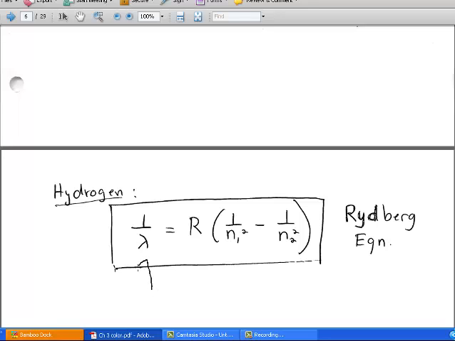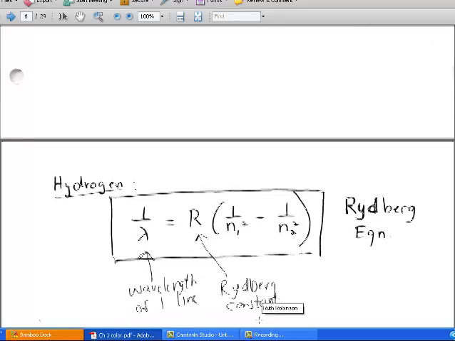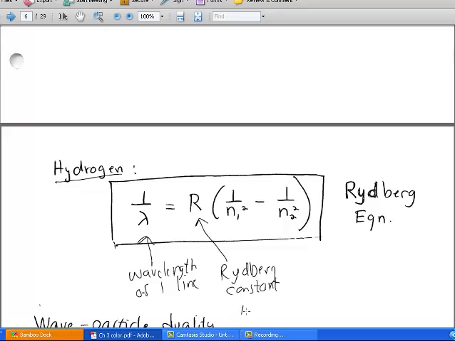And lambda, again, is the wavelength of one line. And it's given by the Rydberg constant, which we write as R, which is actually 1.097 times 10 to the 7th inverse meters.